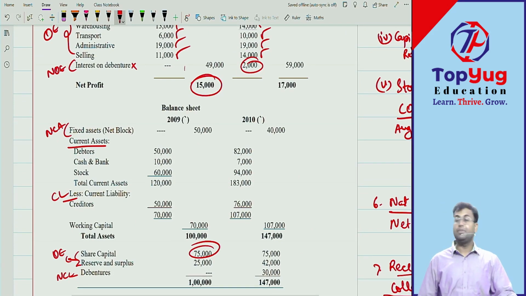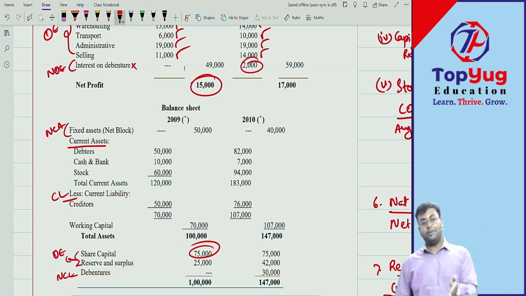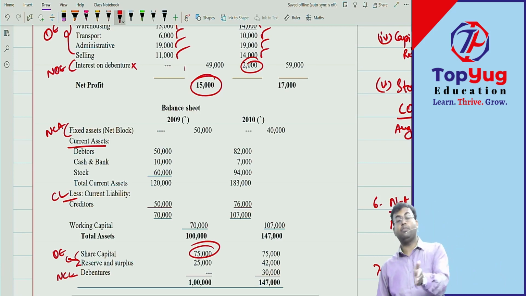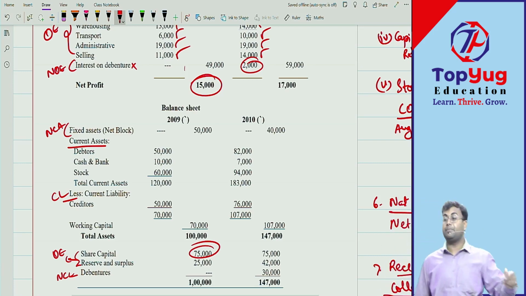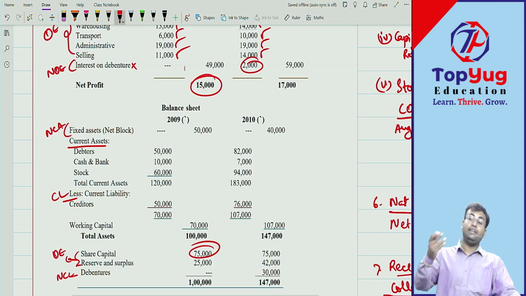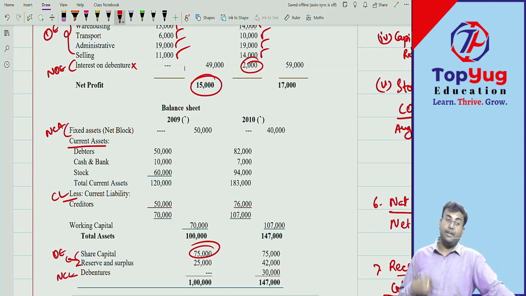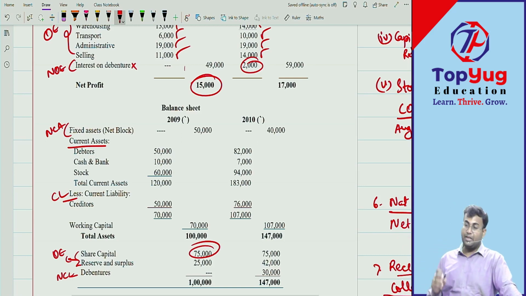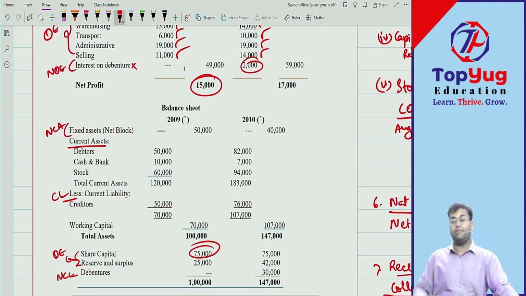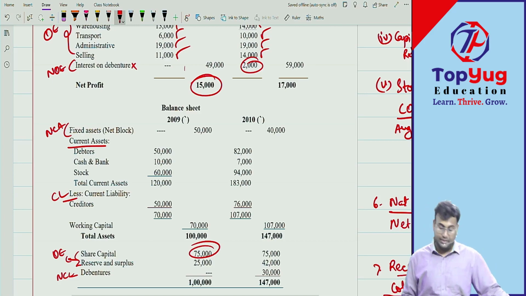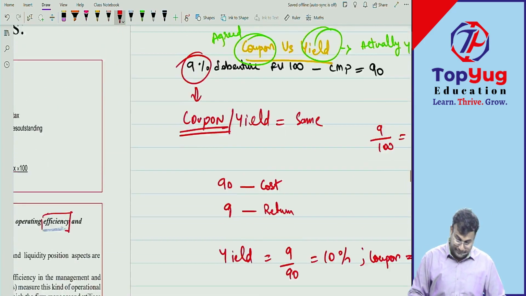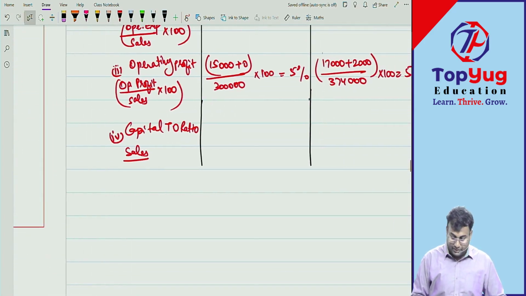Obviously no, right? Because your accumulated profits help you generate more and more growth. That is the concept of retained earnings. Higher the retained earnings, higher would be the growth, higher would be the future profit. So when I talk about capital, do I have to include reserves as also part of owner's equity? Very much yes.